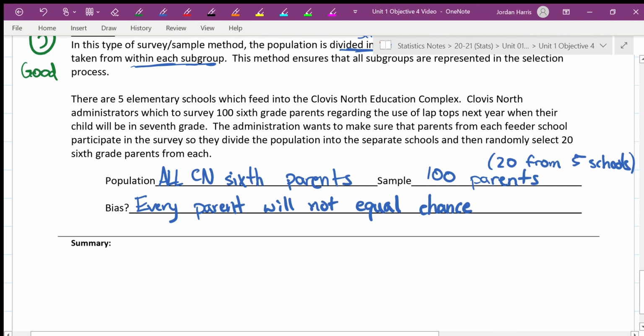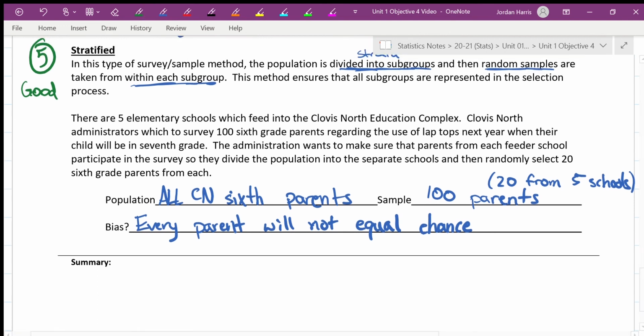I will tell you there's cluster sample, judgment sample, probability sample. I think those are the only 3 that you have to go through on your own. So I'm actually going to talk about those real quick. Cluster sample is very similar to stratified.